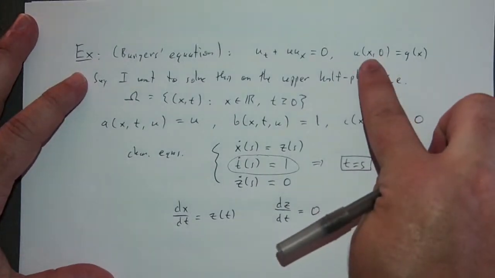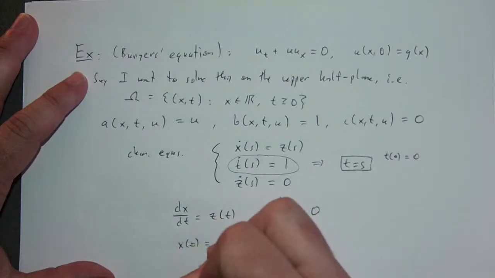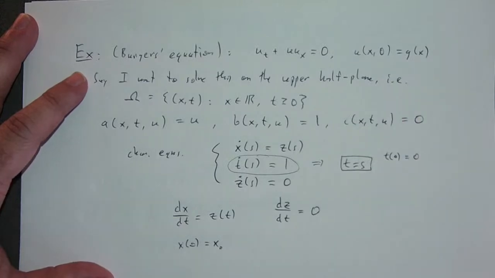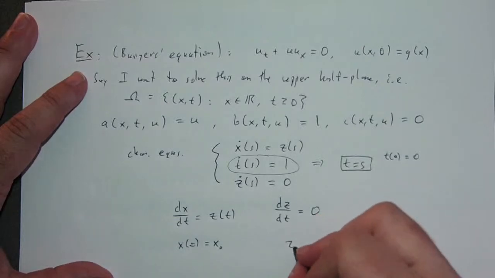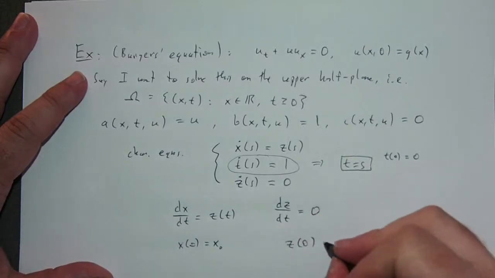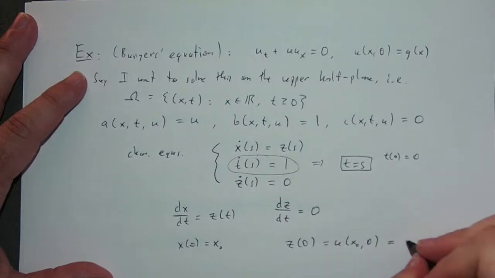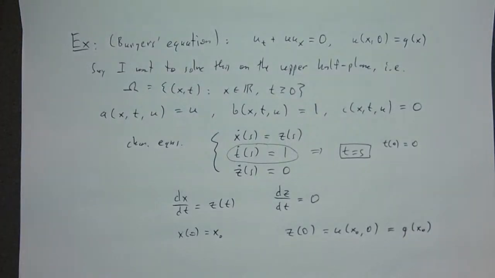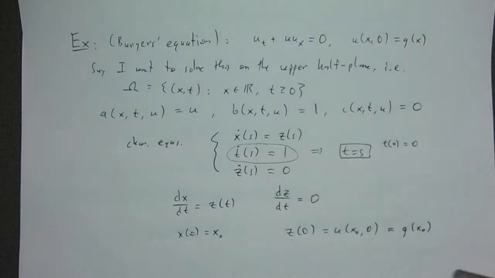So x naught is just some generic x, so x of 0 is just my x naught. And z of 0 is going to be u of x naught, 0, which is g of x naught. Okay. So I know exactly what these solutions are to both of these things then, right?